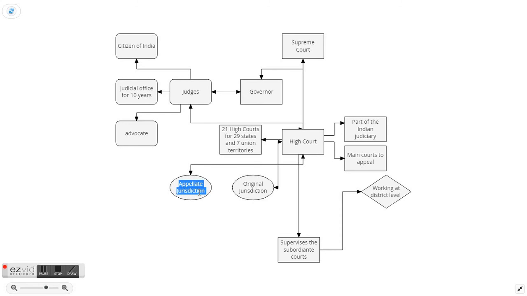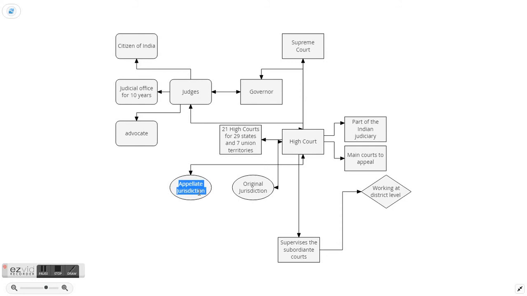If I am not satisfied with the subordinate court's judgment, I will appeal to the high court, and that can be referred to as appellate jurisdiction.